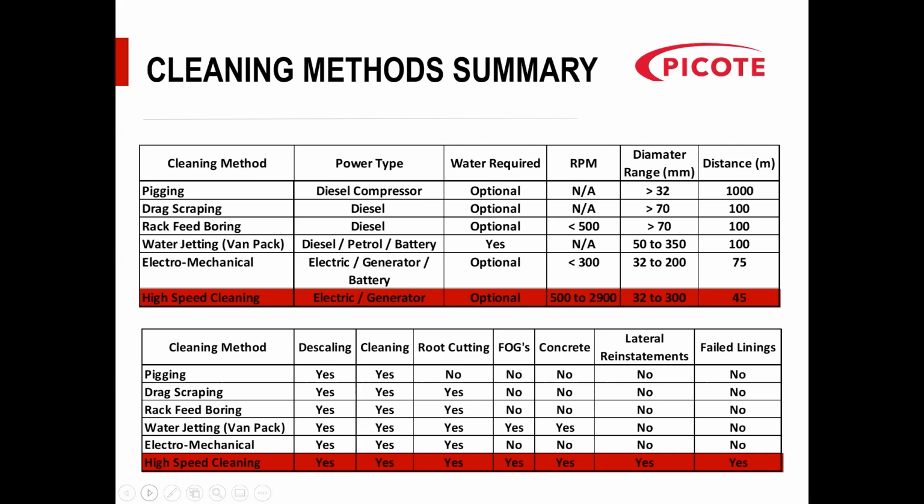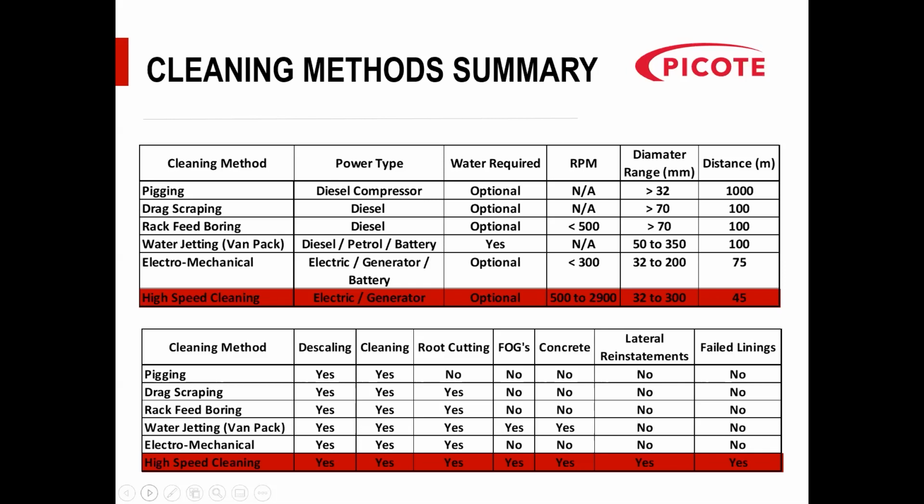The electromechanical machines use electric or generator, and a few of the manufacturers on the smaller machines now have battery operated machines. When you look at high speed, generally the high speed machines either plug into the power supply or you run them off a generator. It's optional to use water with electromechanical.